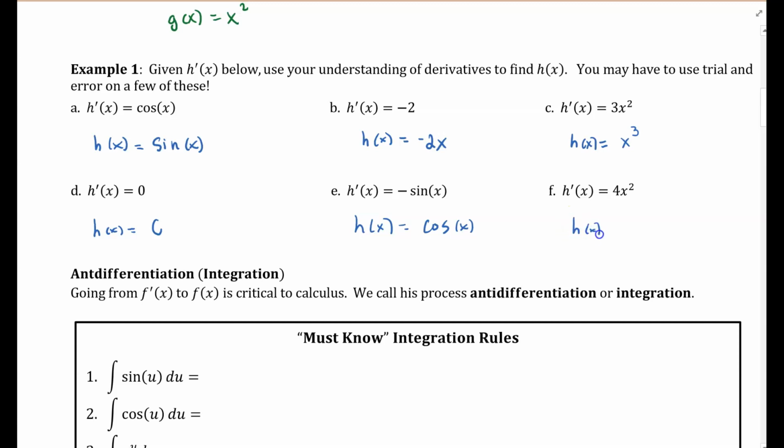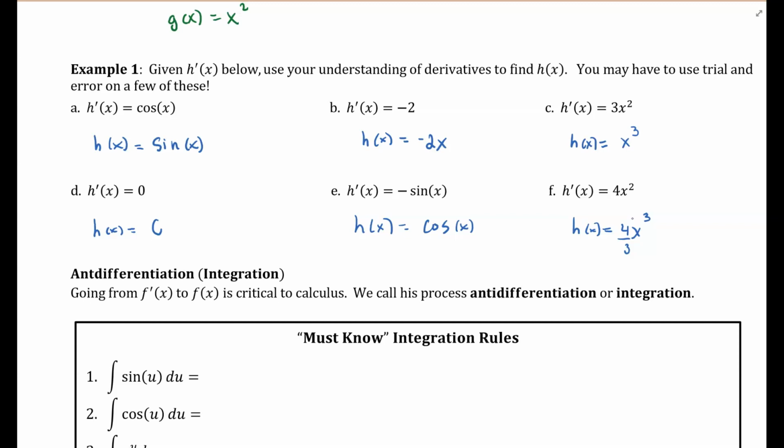Well, h of x, I know when I take a derivative, the power decreases by 1, so I know I have to have a power of 3, and notice that that 3 disappears. So what if I leave a coefficient of 4 and I have a denominator of 3? When I go ahead and multiply that, those will cancel out. So hopefully you were able to think about these and see some of these connections. If I differentiate these functions, do I end up with these functions above?